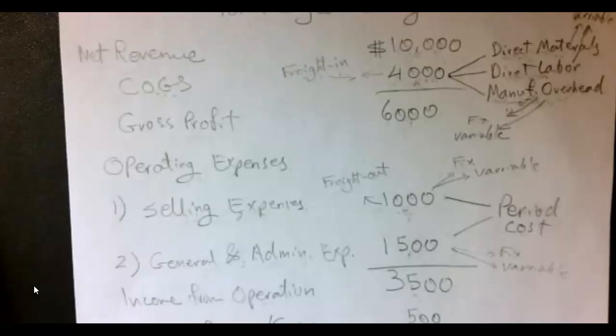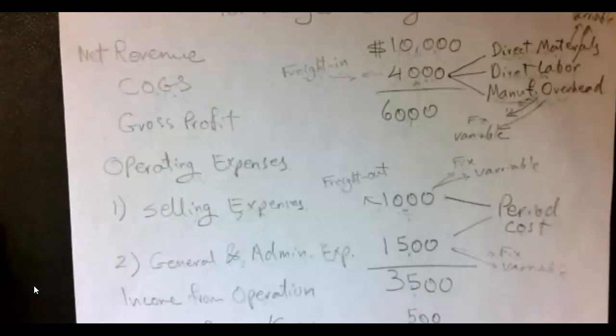Operating expenses, as you learned in Accounting 101, has two parts: selling expenses and general administrative expenses. Selling expenses are like advertisement expense, commission expense, showroom rent expense. General administrative expenses are like office expense, office insurance expense, office utility expense, office salary expense. So operating expenses has two categories.